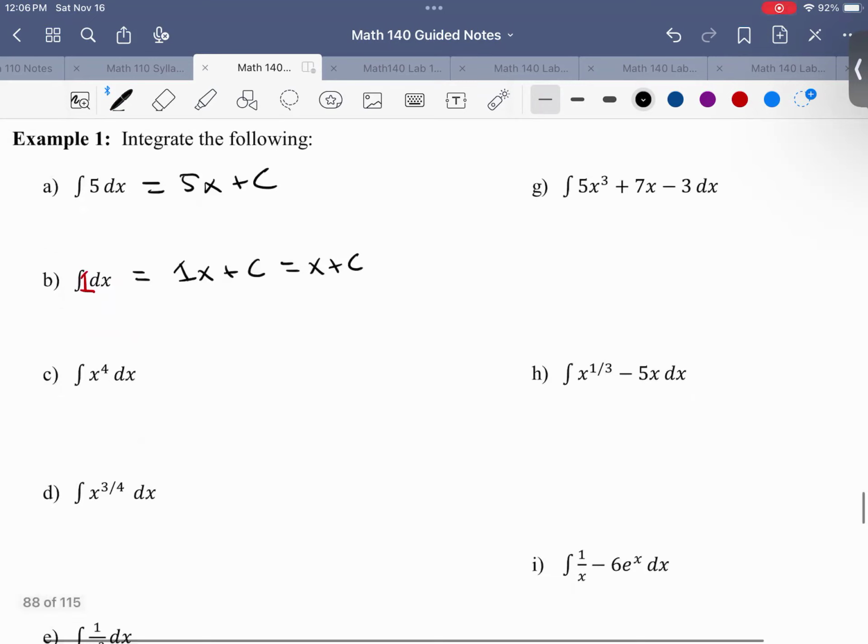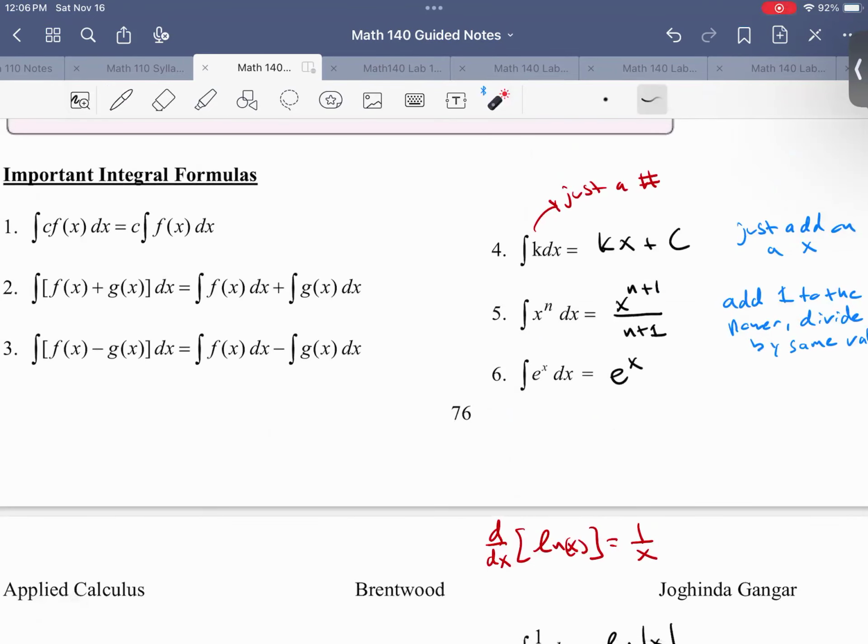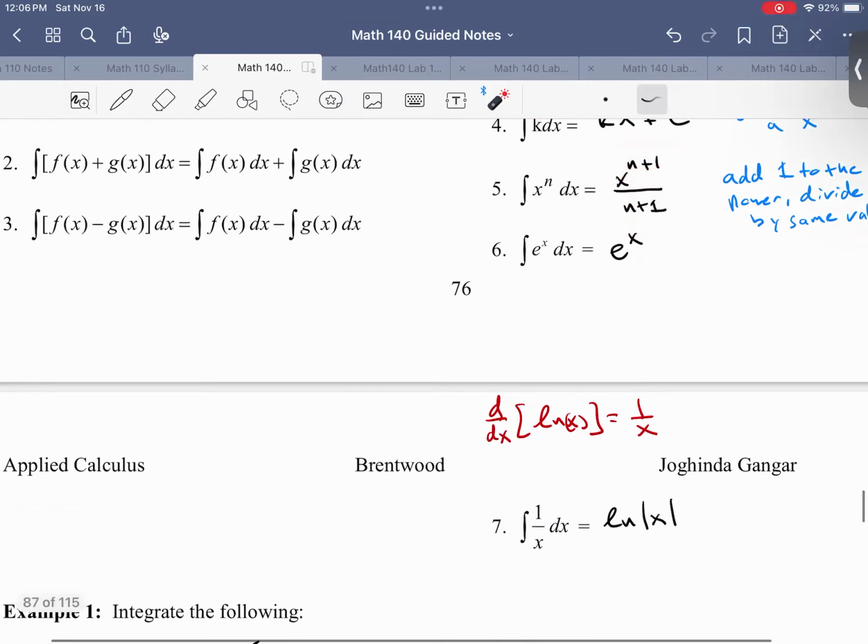Okay, let's jump to letter C. And we have the integral of x to the fourth dx. This example aligns with property 5 here, where we're going to add 1 to the power and then divide by that value that we get.